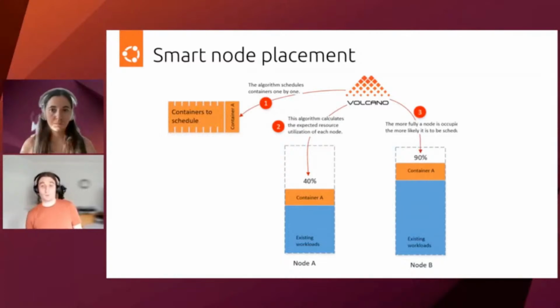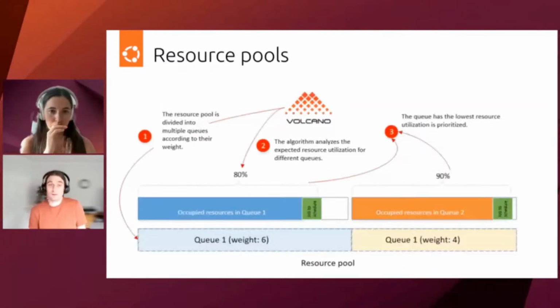Otherwise, you would not be able to do that, right? So that is another technique. You can also have something else which is called resource pools. You just have queues for your tasks, and you prioritize those that use the lowest resource utilization.